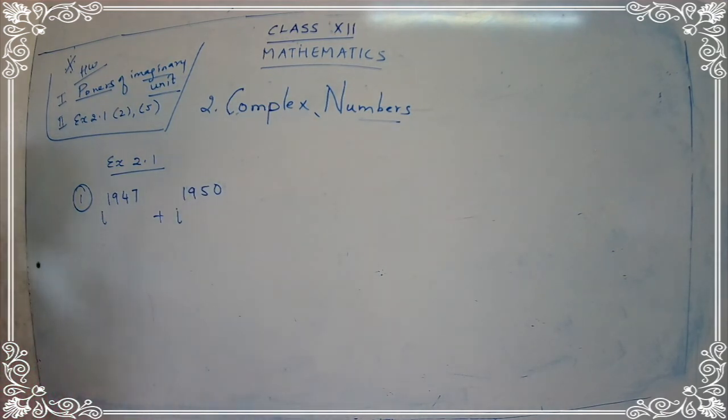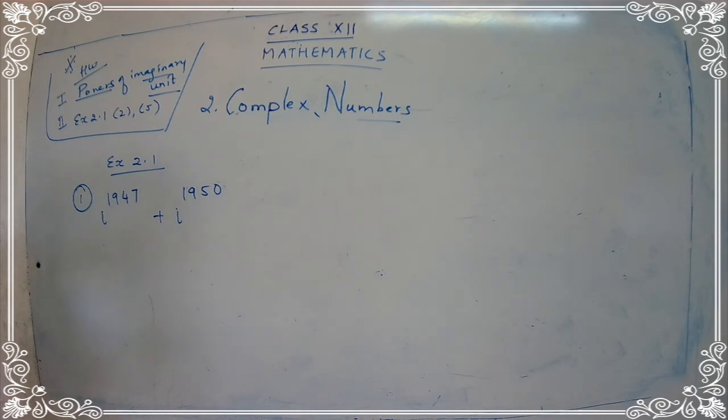This is a very interesting sum. I told you that you have to remember the powers. If you are thorough with the powers, the sum will go very smoothly. We have already seen that I raised to 4 gives you 1.